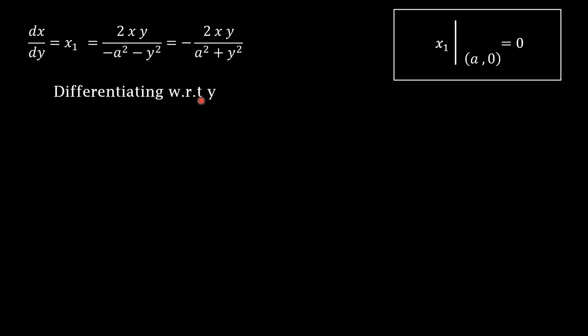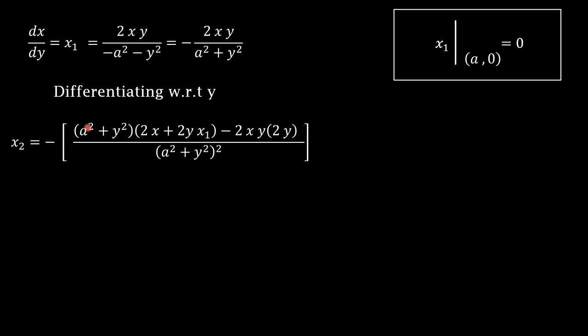Just make a note of it, students. I am differentiating it with respect to y, not with respect to x. So using the quotient rule, keeping minus sign as it is, denominator into differentiation of the numerator. Just differentiate the numerator over here, which is nothing but 2x into differentiation of y with respect to y, that is 1, so you have just 2x plus 2y into differentiation of x with respect to y, that is nothing but x1, minus 2xy into differentiation of the denominator.